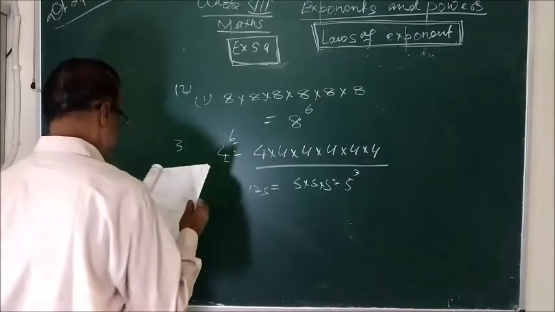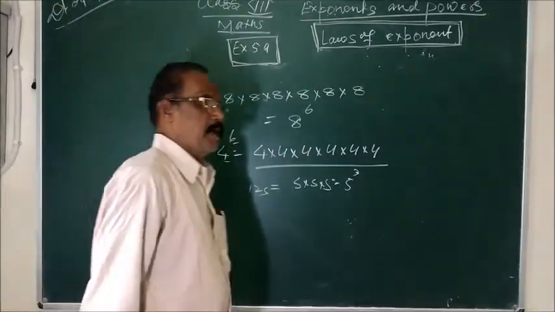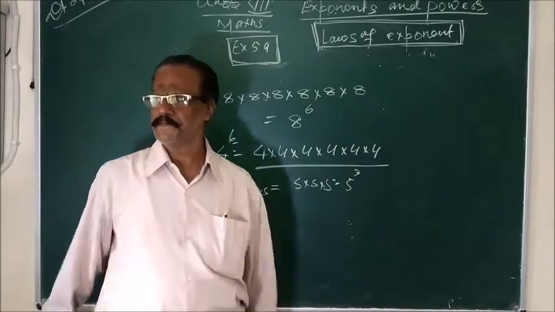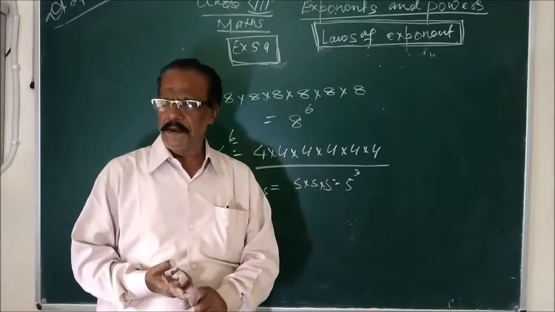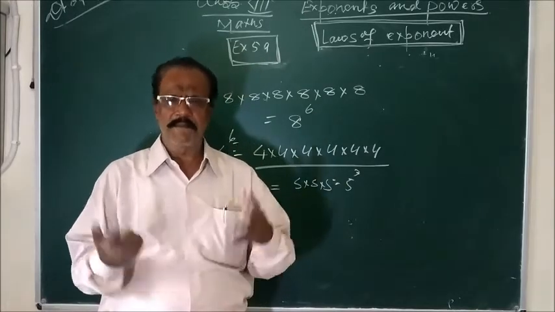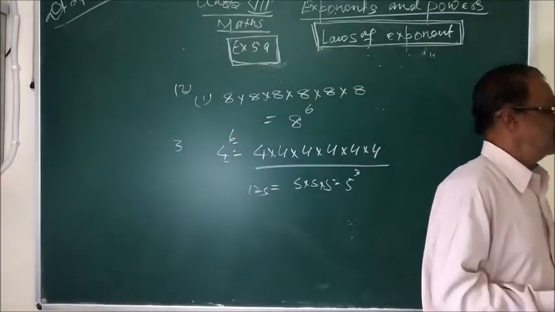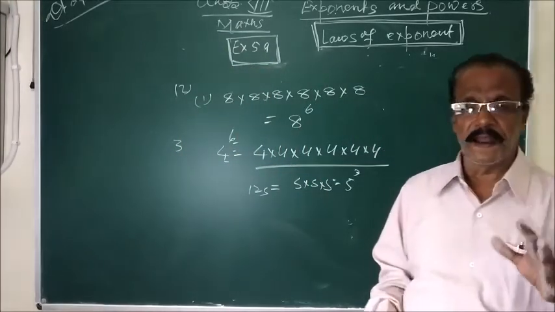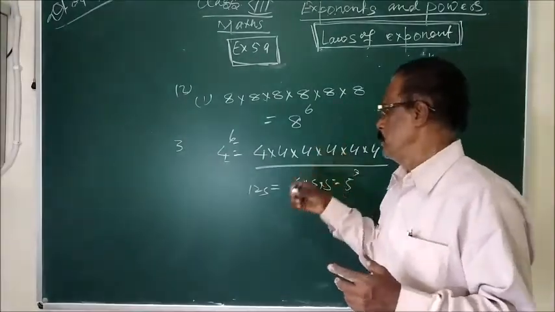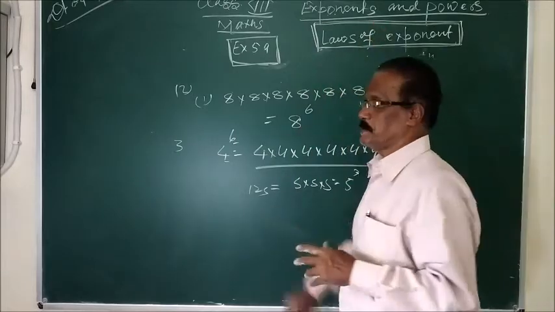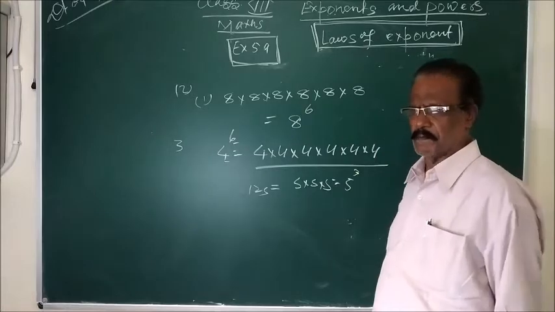And I repeat whatever I have explained. What is the exponent? Power, also called index. If a number is multiplied by itself several times, it is very difficult to write it if the numbers are very large. But if you use this exponential form, it can be written in a very short form.